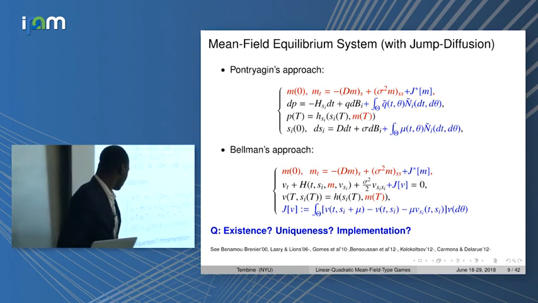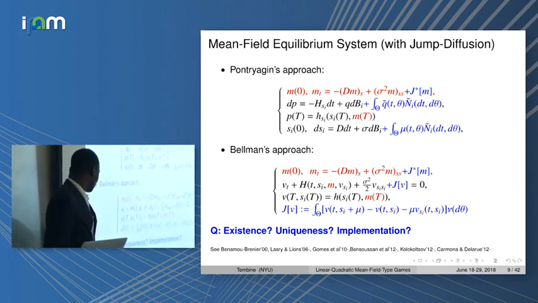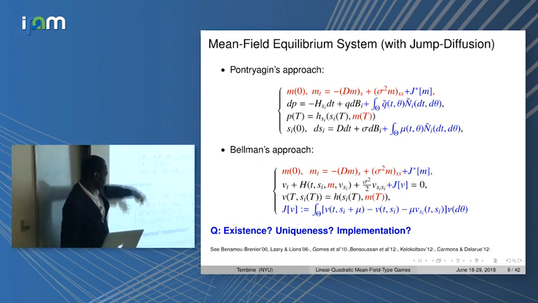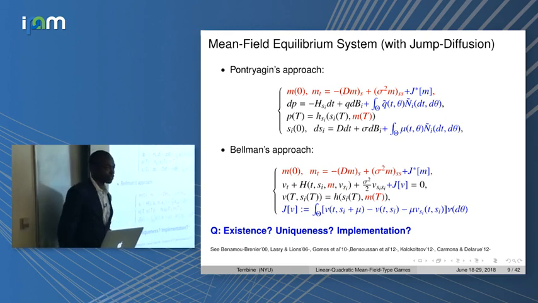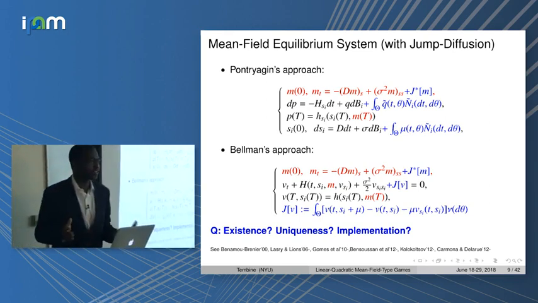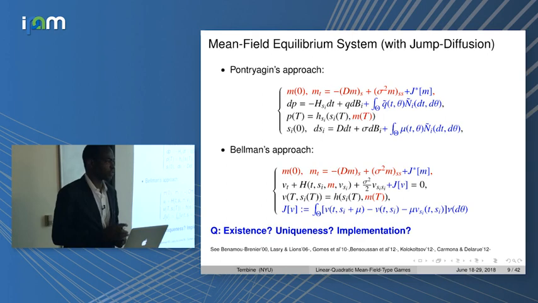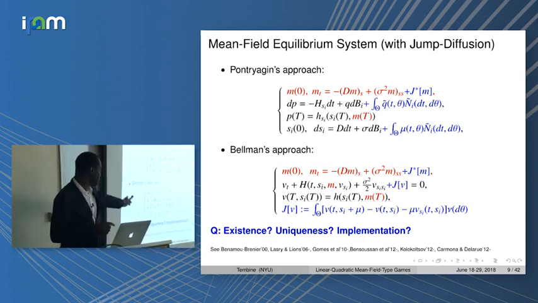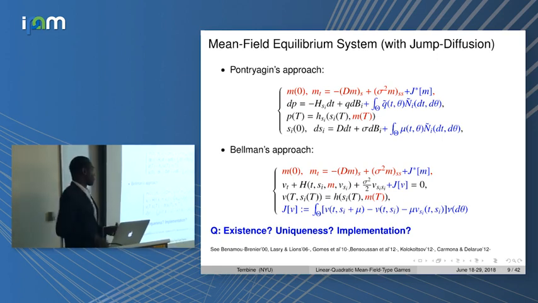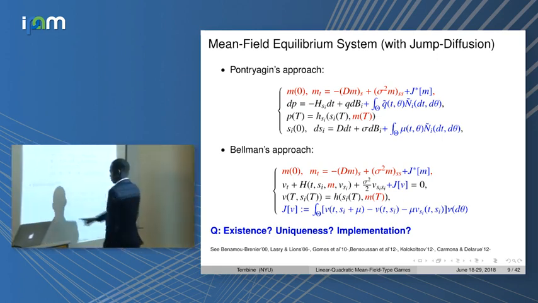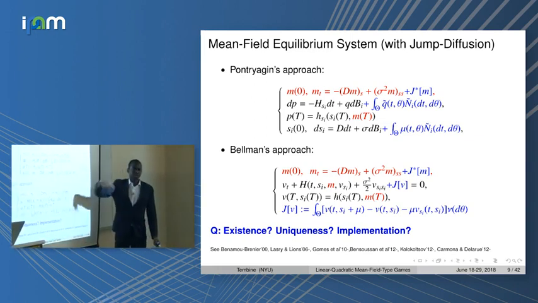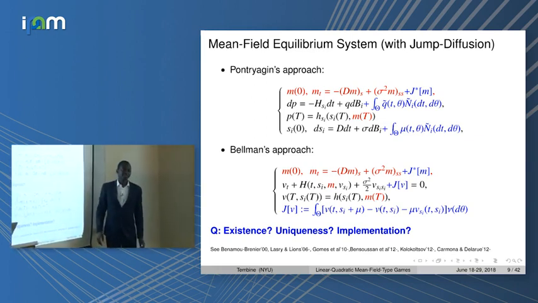Some references about the existence and uniqueness. One is jump-free, meaning you remove the jump terms. You already know those references. But if you add a jump term, it's more involved because of this operator that is added. It's a linear operator, so you look at the adjoint operator to it.